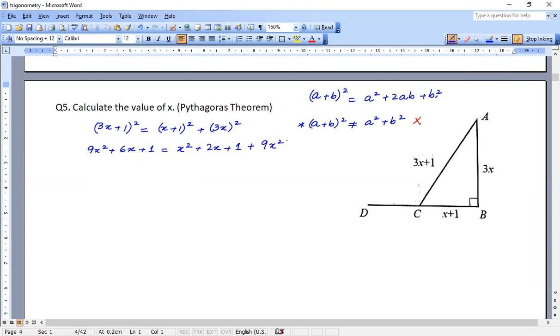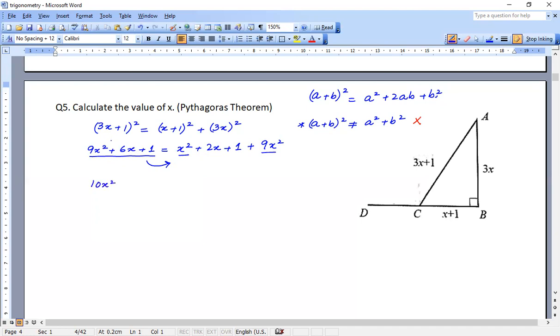I'll arrange this equation in the standard form, but when I arrange it, I'll move all of them to this side. Whatever is adding here will be moved to the other side and start subtracting. And if there is something subtracting, it will start adding. So I'll say that I have 10x square here already.